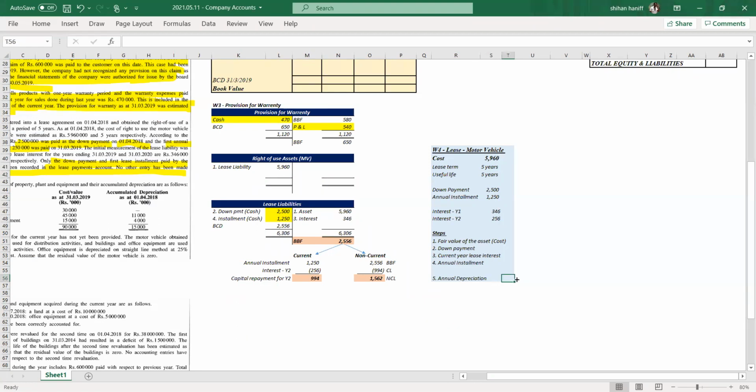Cost is 960 divided by 5 years. 960 divided by 5 equals 1,192.